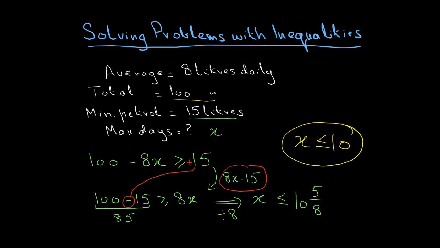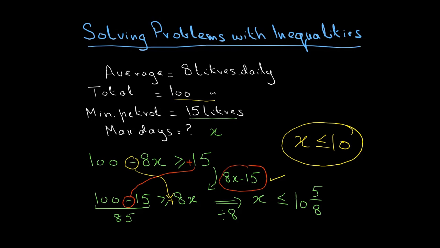And this was a minus 8x, so when it went across the inequality, it changed the sign. So when you move a number across an inequality, which is really adding or subtracting, you flip the sign. If you're multiplying or dividing, you don't flip the sign. So please be careful about it. Adding 8x minus 15 is absolutely the correct way of thinking about it, but it's a bit faster to just change signs and move things around.